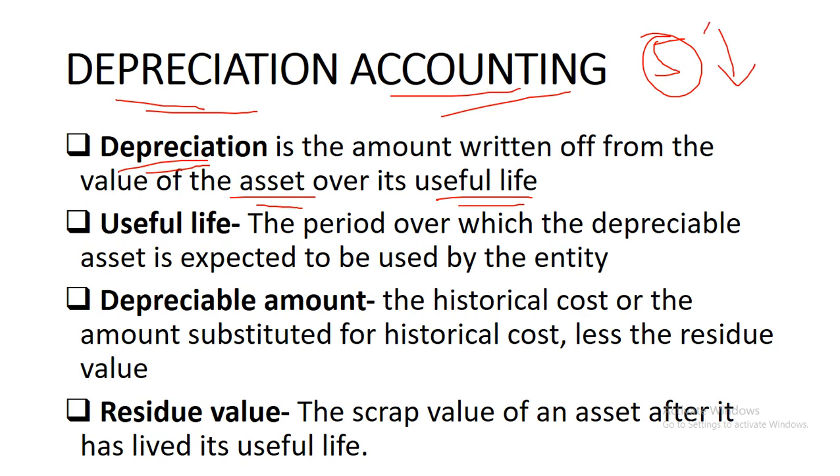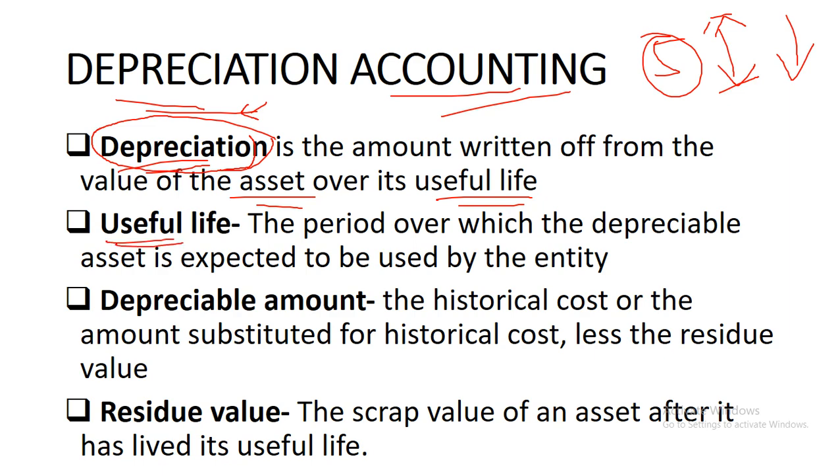That's the period over which we keep it in the business, the period over which we utilize it. Over that useful life, the asset is supposed to be depreciated, and that's what we call depreciation. So the annual writing off of a certain amount of the value of the asset is what we call depreciation.